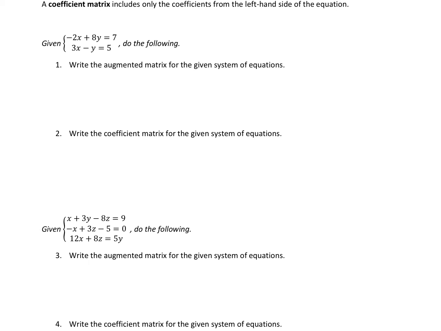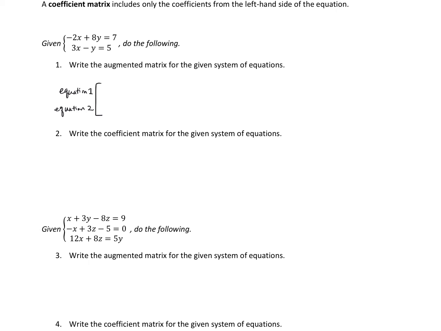So for the augmented matrix, we first want to make sure that we have all of our equations in standard form. So notice we have the x's first, the y's second, and then the constants are on the right-hand side of the equal sign. And so we can write the matrix. Row 1 is going to be equation 1. Row 2 is going to be equation 2.